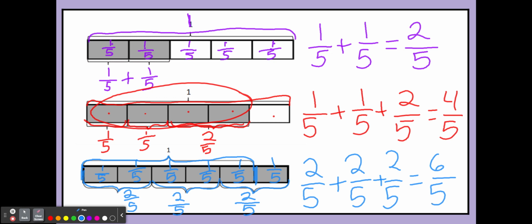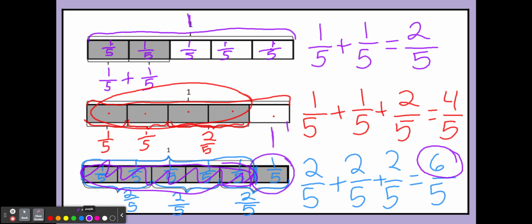And when the top number or the numerator is bigger than the denominator, that means that it is bigger than one whole. It's one whole and a part of another one. Okay, so this can also be written as 1. Okay, this is one whole, and the part that's left over is 1/5.